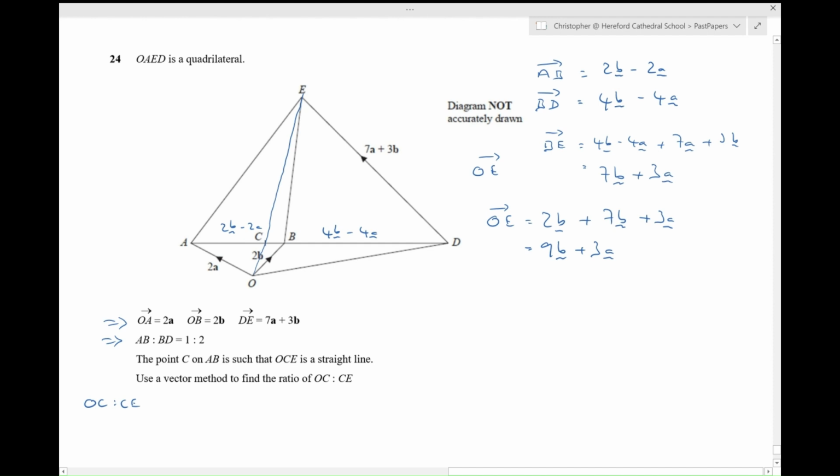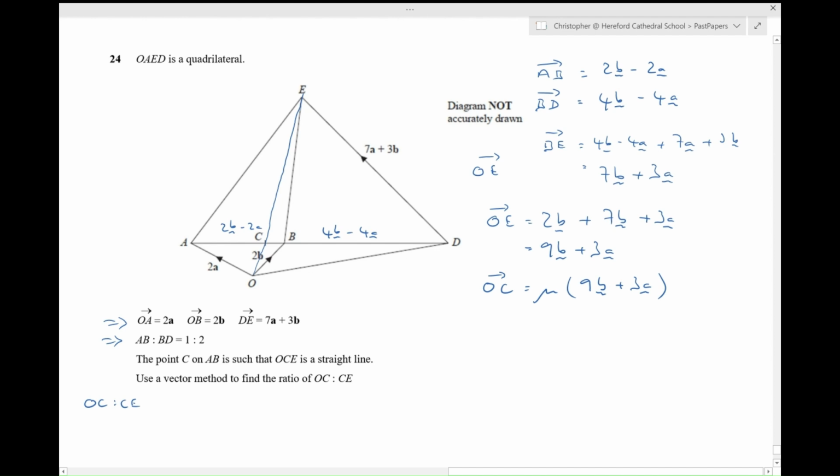And O to C will be a certain fraction of that. Now, you're probably quite used to using lambdas and mus here. I'm going to say that OC is mu, that fraction of OE.